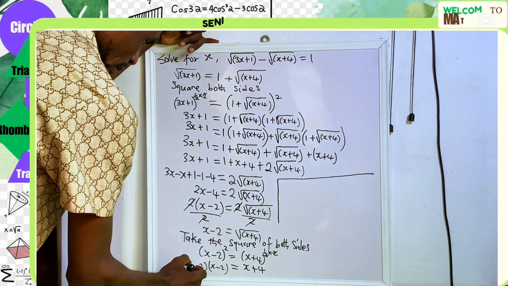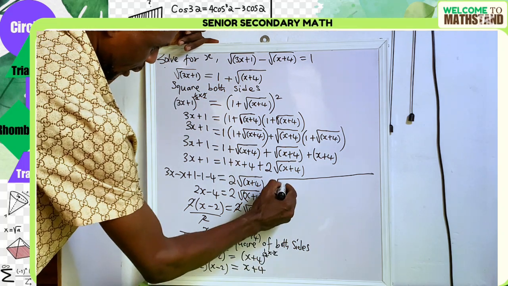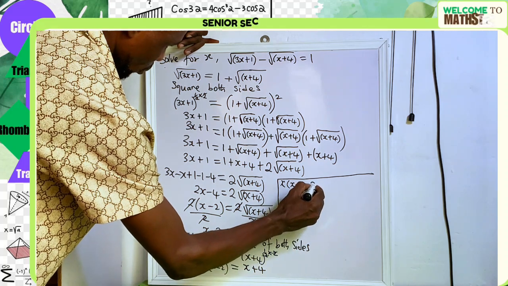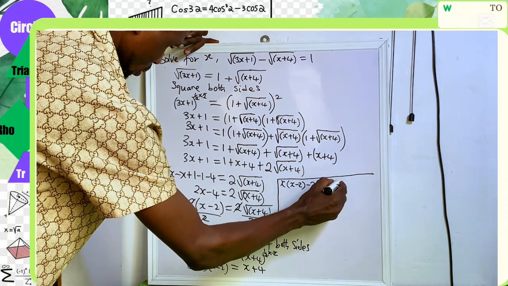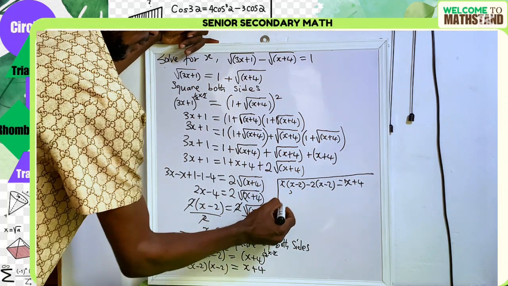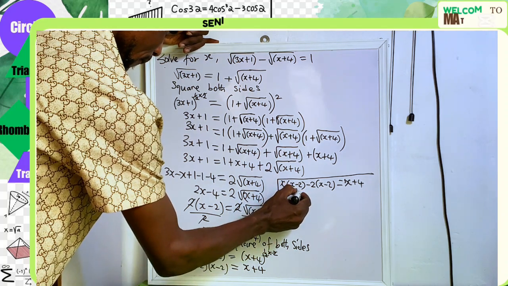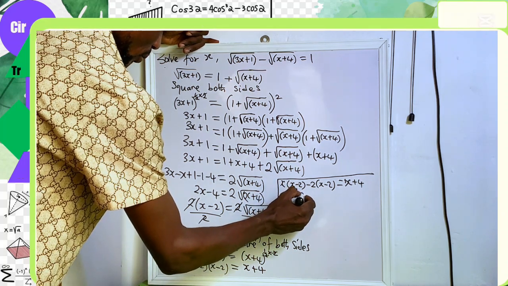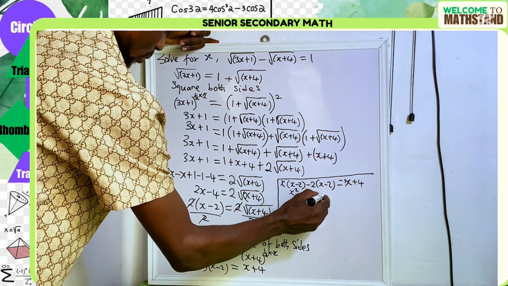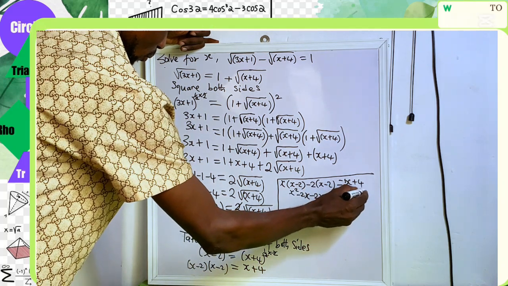Finally, we use this to multiply all this, and here we use this to multiply all this. So x multiplies this, and the minus 2 multiplies this, equals x plus 4. x times x is x squared, x times minus 2 is minus 2x, minus 2 times x is minus 2x, and minus 2 times minus 2 is plus 4, equals x plus 4.